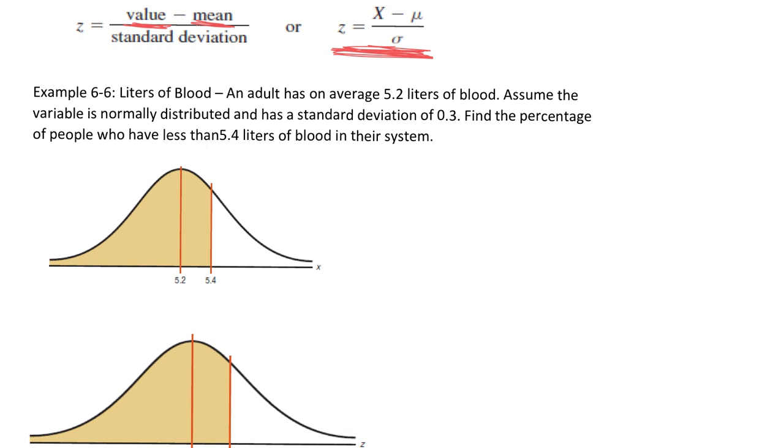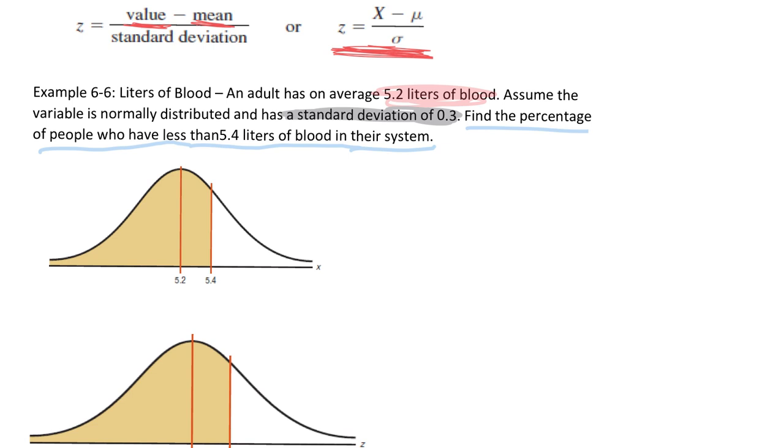So an adult has an average of 5.2 liters of blood. Assume the variable is normally distributed, which we get to do in this whole section, and has a standard deviation of 0.3. Find the percentage of people who have less than 5.4 liters of blood in their system. Okay.